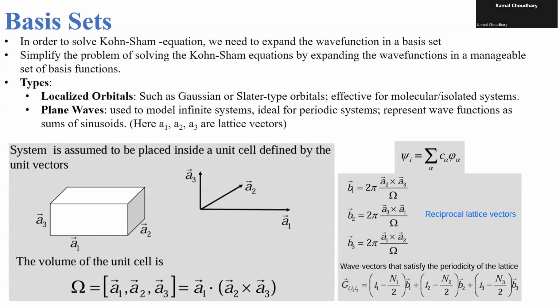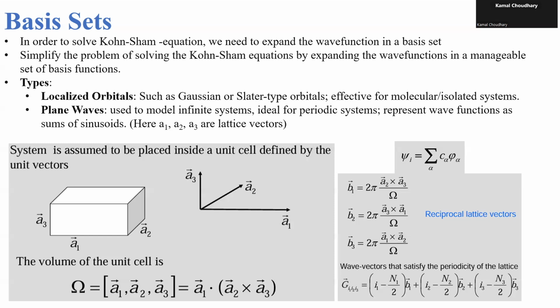A1, A2, A3 also represent the x, y, z repeat units. Now, in order to represent these plane wave bases, which are important for this module, we have to convert this into reciprocal lattice vectors given by the right-hand side equation.